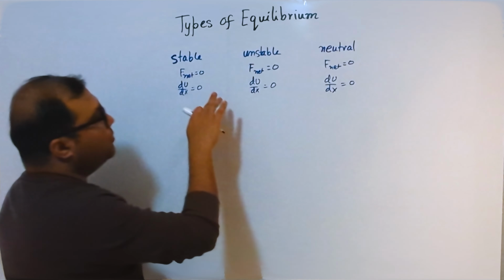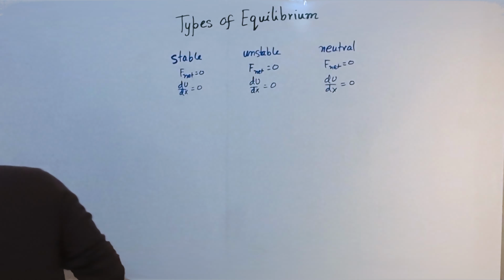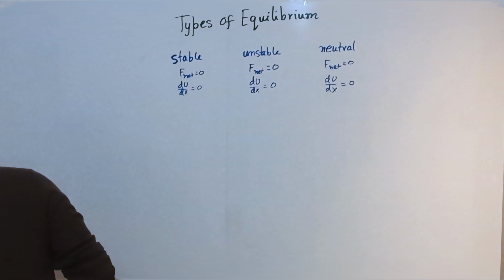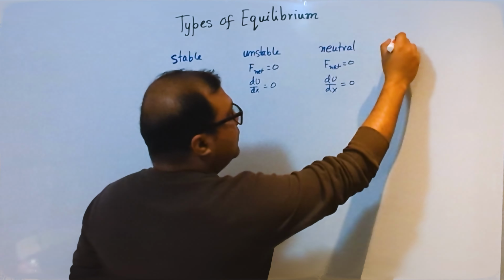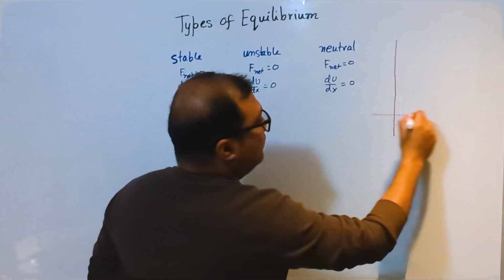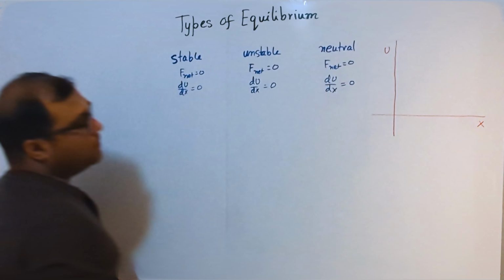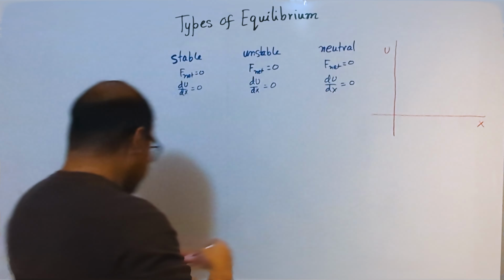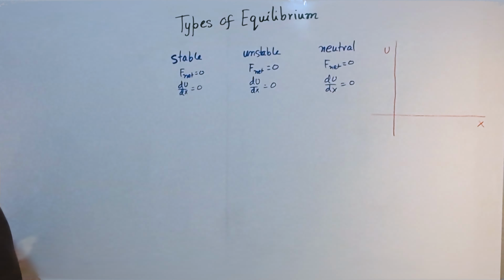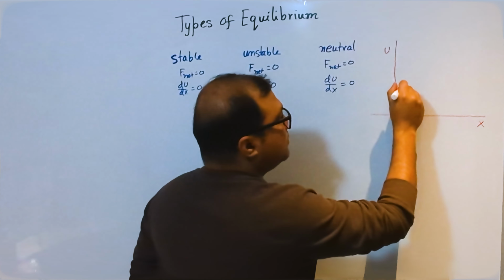When we are talking about U versus x, let's suppose we draw the graph of potential versus x. Let's say we have a plot like this.